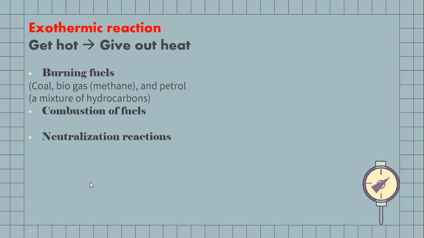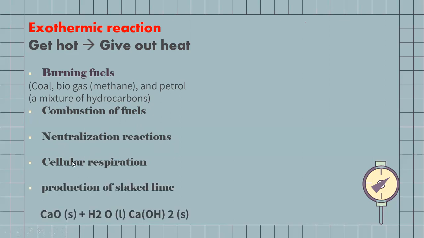So burning fuels, combustion of fuels, neutralization reaction. When acid reacts with base, that we call neutralization reaction. So in that one also it releases energy. So we call it exothermic reaction. And cellular respiration. And the next one, production of slaked lime. When we add quicklime into water, it produces calcium hydroxide.